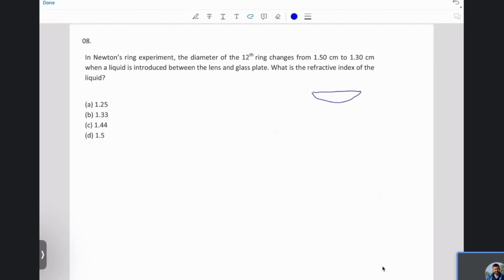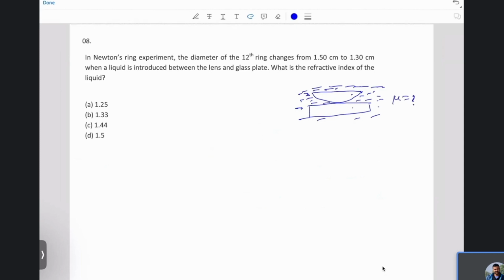You have a plano-convex lens, you have a glass plate like this. Now between this lens and this glass plate, a liquid is introduced. So the whole apparatus is now immersed in a liquid, and you have to calculate the refractive index of this liquid.